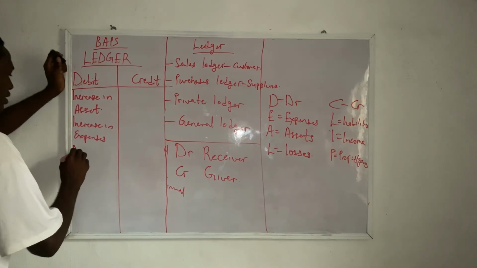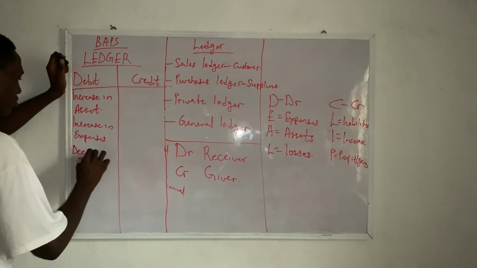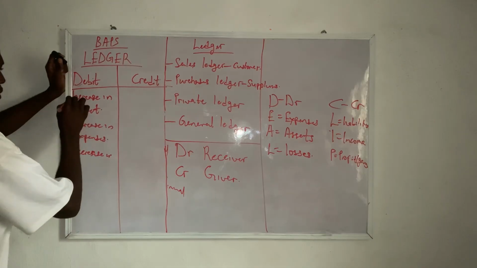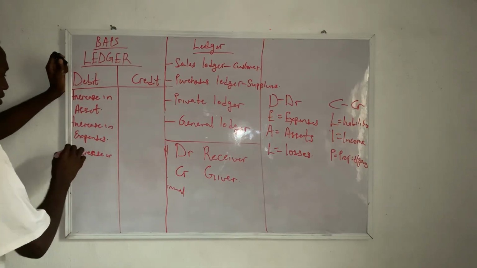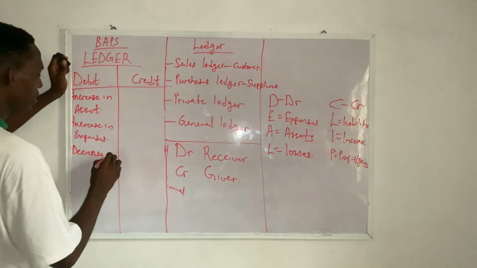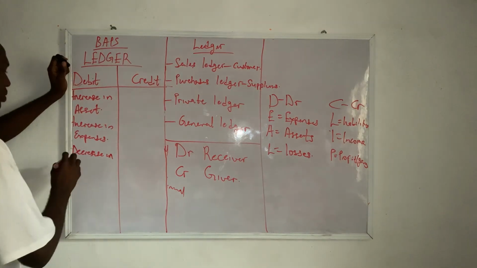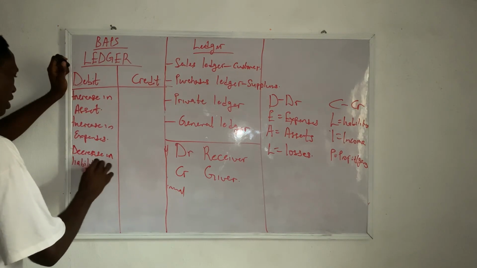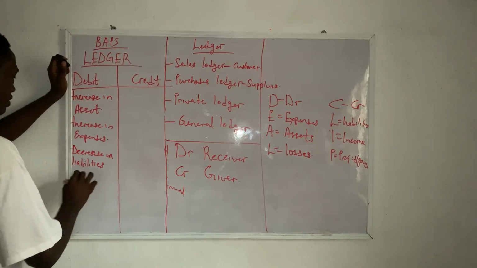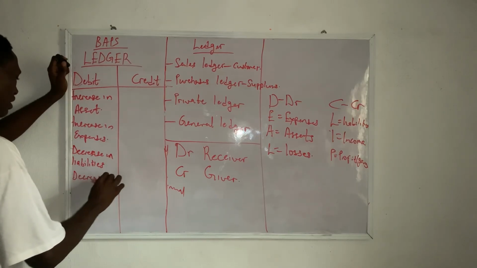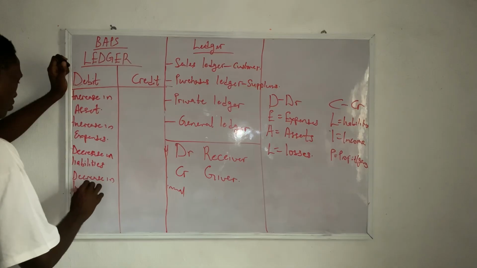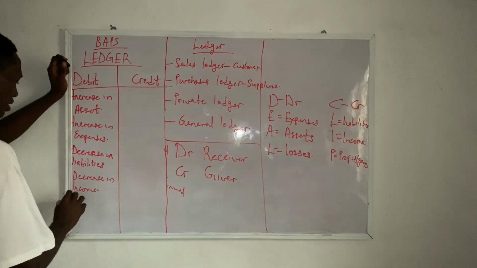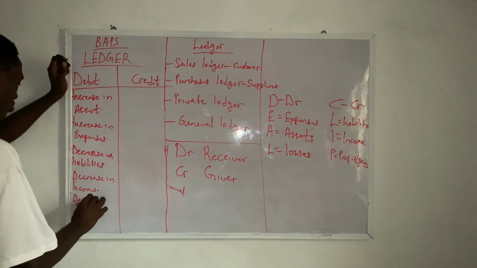Then when there is a decrease, this points to point 3: decrease in liabilities, decrease in income, then decrease in owner's equity.